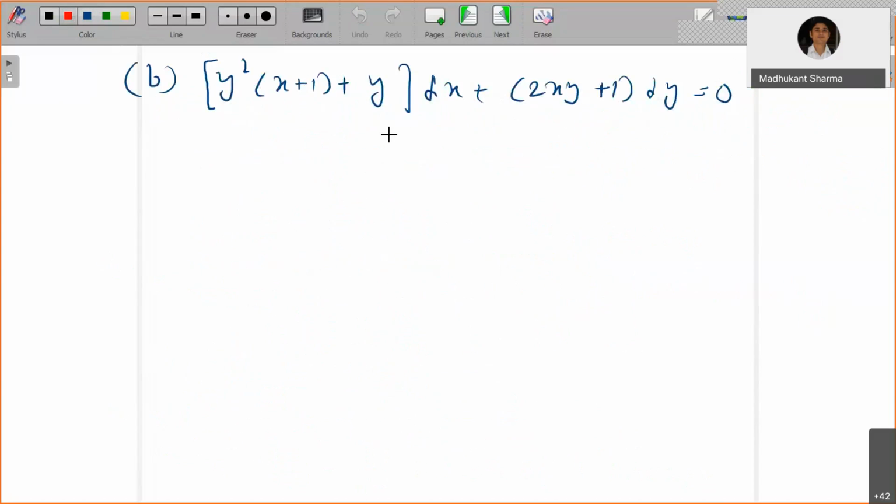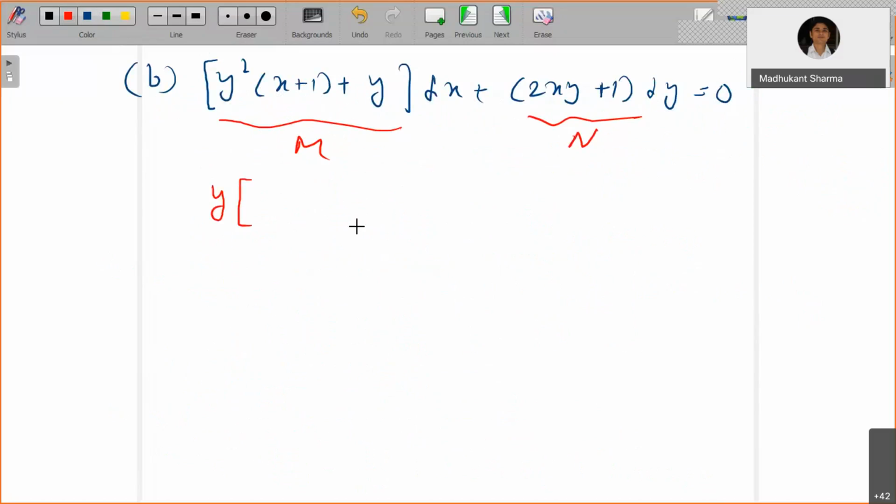Now you look at this and see, this is not homogeneous. So we can't talk about that part. This is also not of the form where y can be taken out. From here, in m, I can take y out.